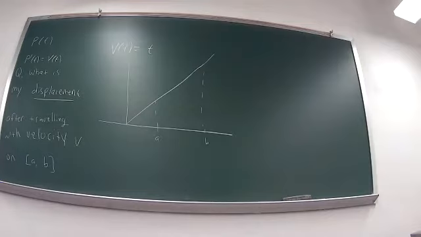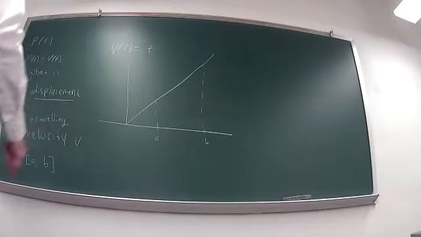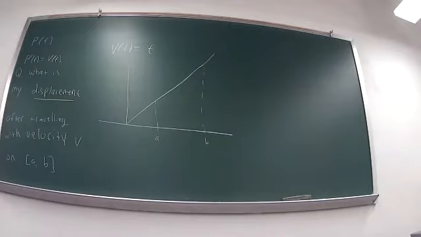And we argued before that if your velocity was constant, then your distance traveled, which would be the displacement in this case, is equal to your constant velocity times the amount of time that you were traveling at that velocity.